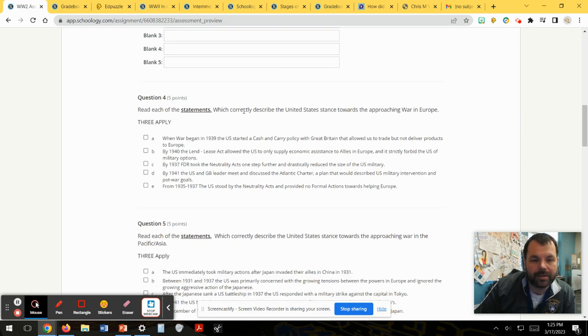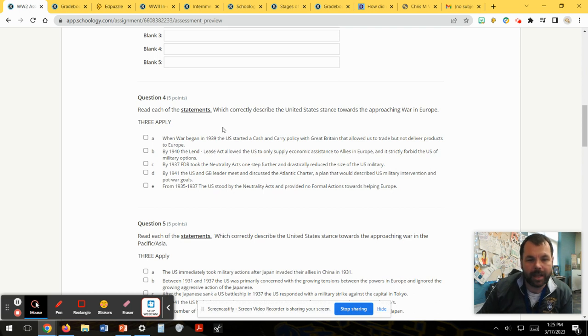Read each of the statements, which correctly describe the United States' stance towards the approaching war in Europe. So again, going back to that timeline chart, you might have some of this in your notes too. Just depends on what you finished. Only three of the five are going to make sense here. It has to do with the war in Europe, so anything that deals with Asia or anything like that in the answers obviously won't be a part of it.